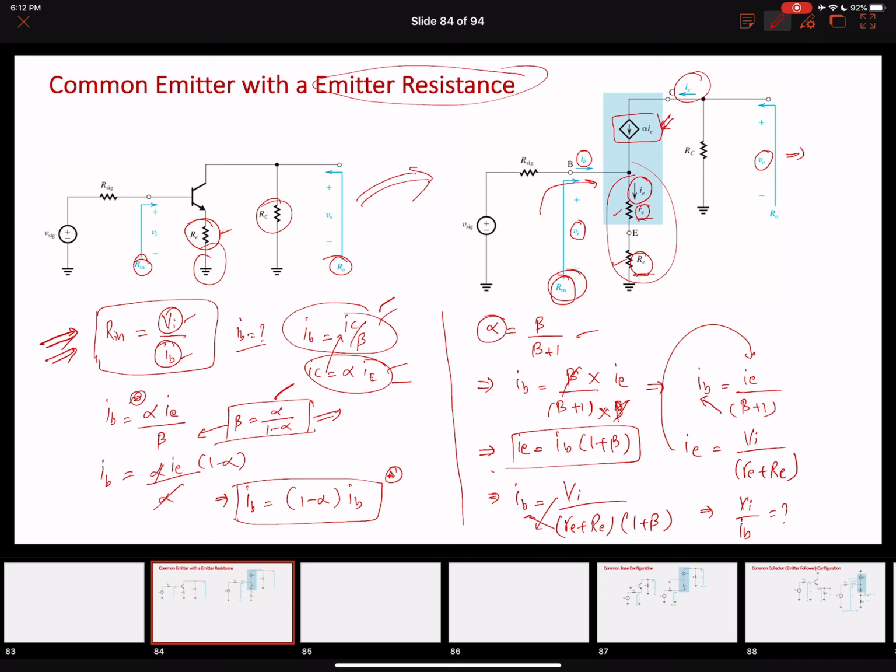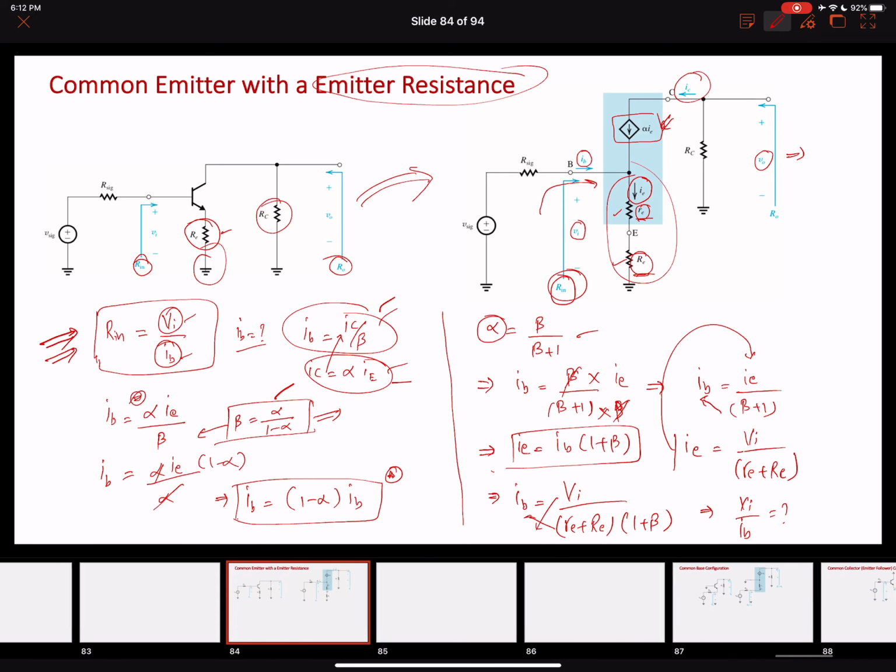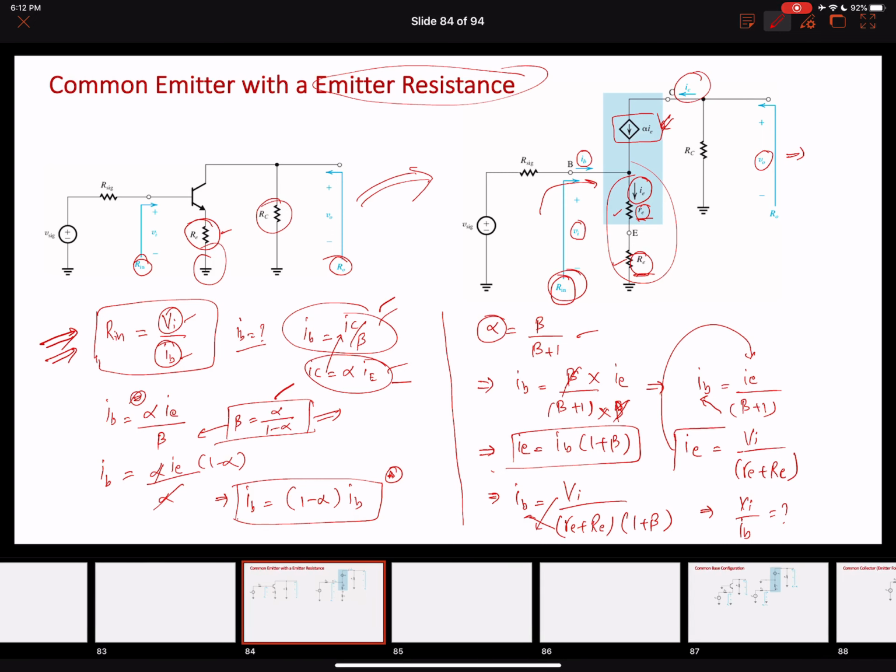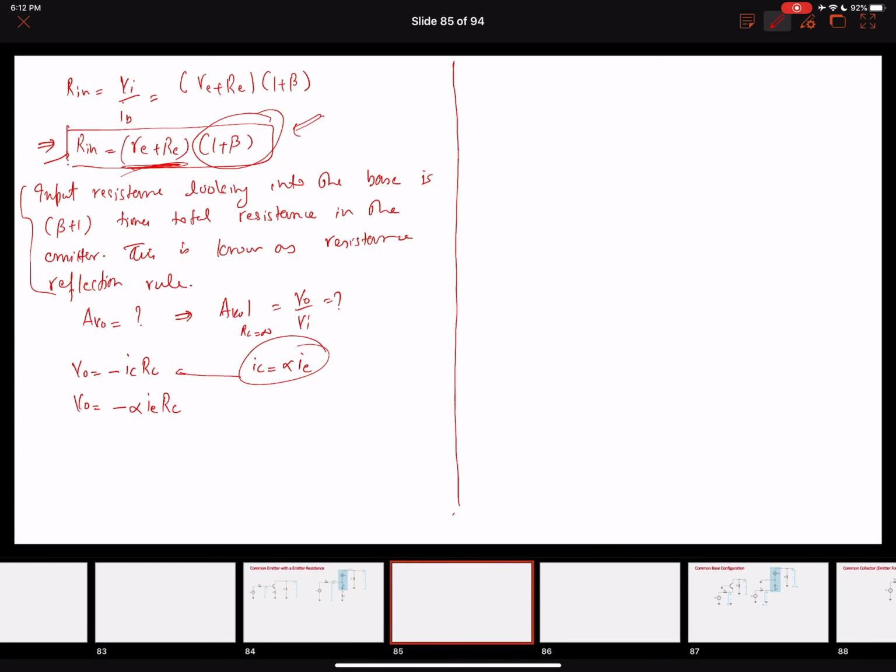Okay, this is the value of IE: IE equals VI over small re plus capital RE. I'm going to use this value again over here. So our output voltage now equals minus alpha times VI over small re plus capital RE multiplied by RC.